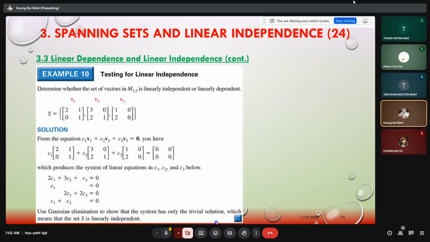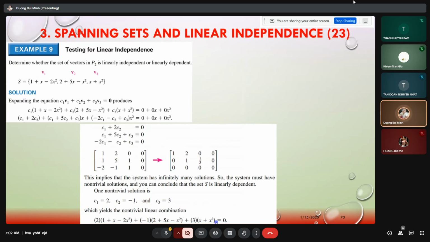More examples. Now we have polynomials in P2. We have the linear combination of V1, V2, and V3 equal to zero, and after that we can get c1, c2, and c3. We have a certain solution.